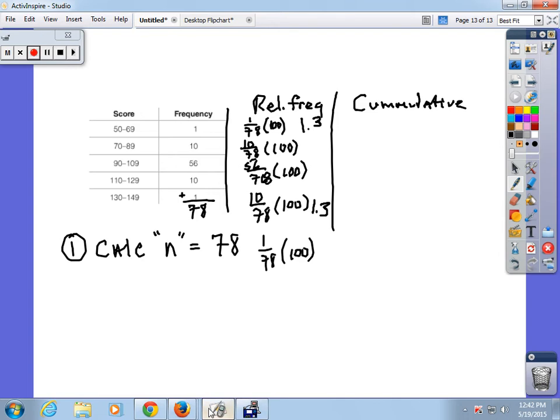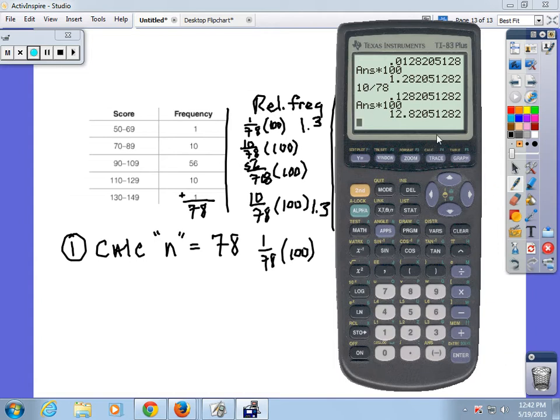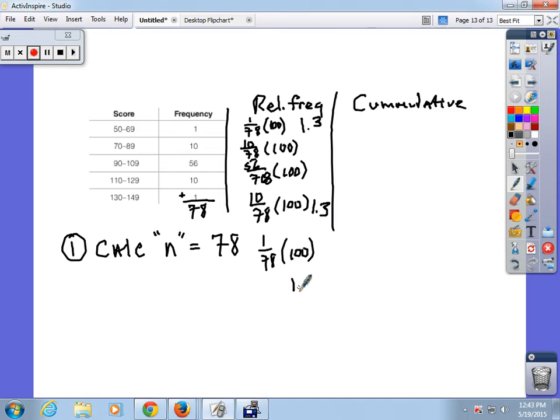And then 10, take your handy dandy calculator, and multiply that by 100. It's just going to move the decimal, is all it's going to do. 12.82, so that's 12.8. Okay, I messed up earlier, this is 1.3. Sorry.